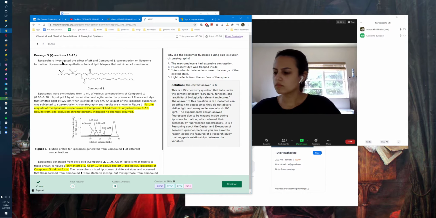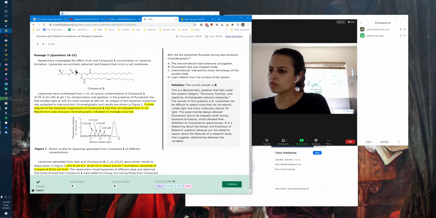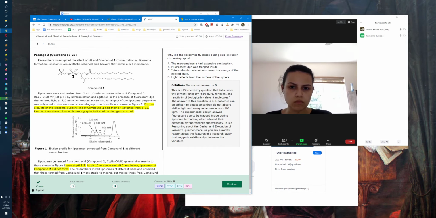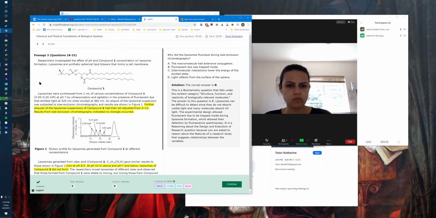So why do the liposomes fluoresce during size exclusion chromatography? So we're going to have to look at the passage here. So basically, what's happening in the passage? They're basically saying that compound one. They want to see the effect of pH and compound one concentration on the formation of liposomes.